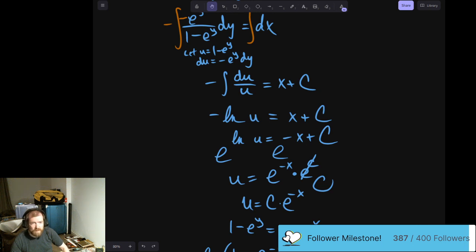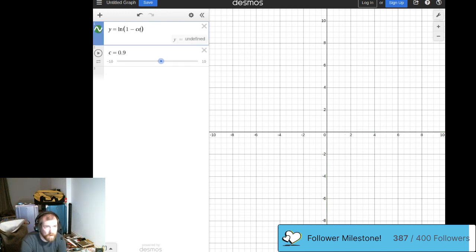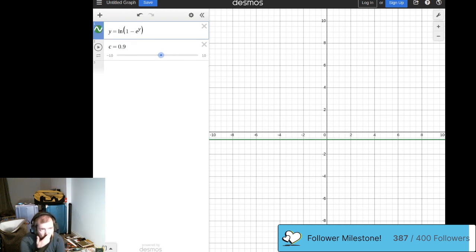So natural log 1 minus e to the y. Okay, so y equals, that's not it.